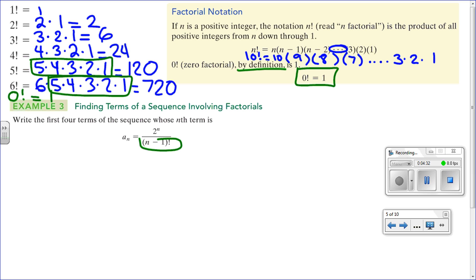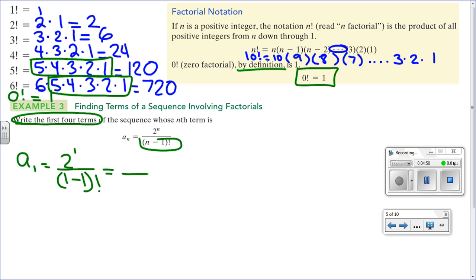So first of all, let's do this example 3: write the first 4 terms of that sequence. So a sub 1 is going to be 2 to the first power over 1 minus 1 factorial. First we have to do what's in the parentheses. So what is 1 minus 1? 0. So we're going to have 0 factorial, and 2 on the top.